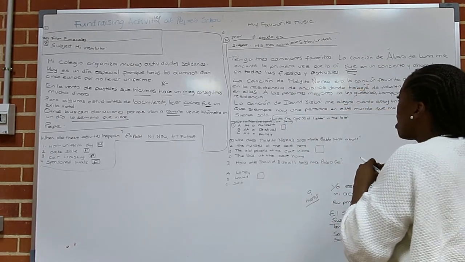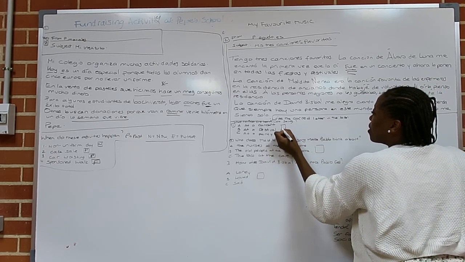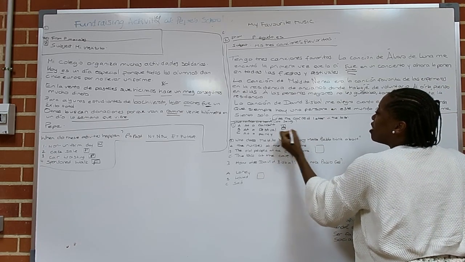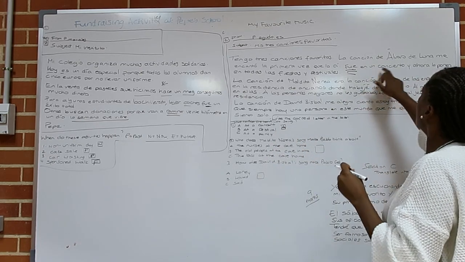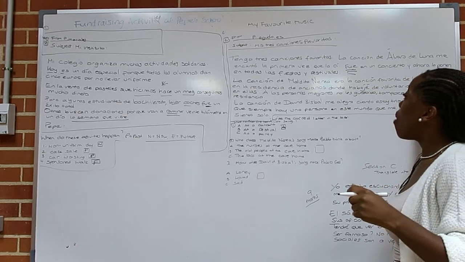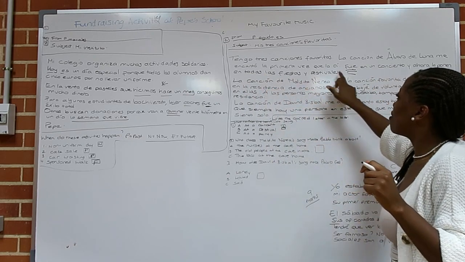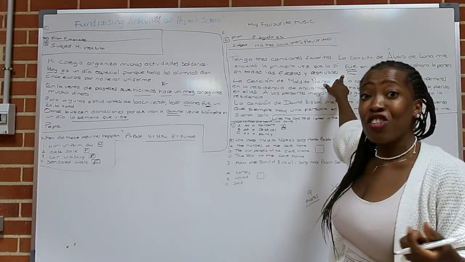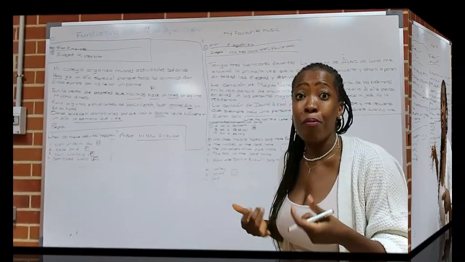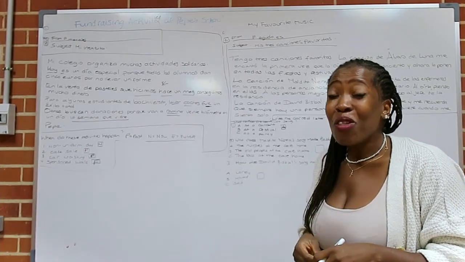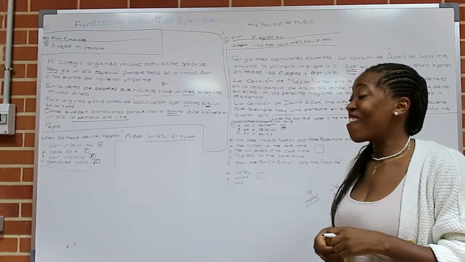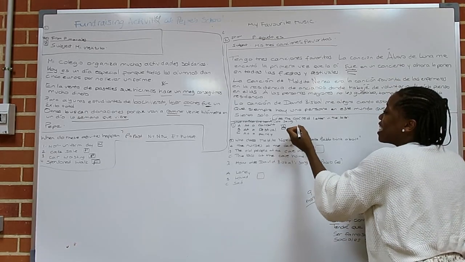So that's our first reply. So we're going to put A as our first answer. At a concert. Y ahora, and now, they put it on, la ponen en todas las fiestas y festivales. So even though they mention that now they put it on at parties and festivals, that's not the first time he heard it. Okay? Right, so that one is A.